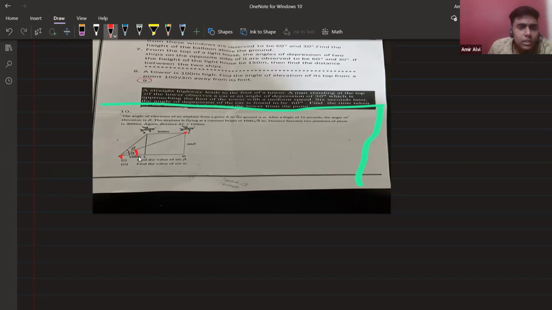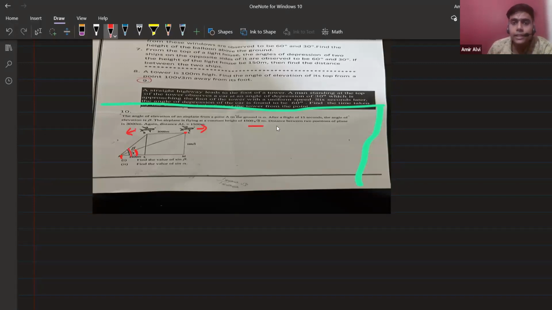I think the image is a little opposite, because the question is saying after the flight the angle is beta. The aeroplane is flying at a constant height of 1500 √3 meter.